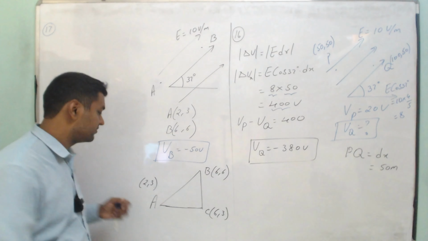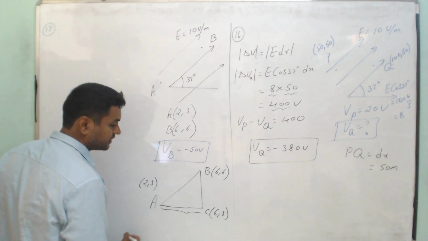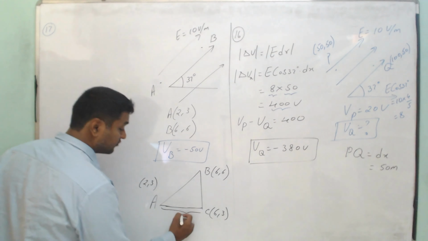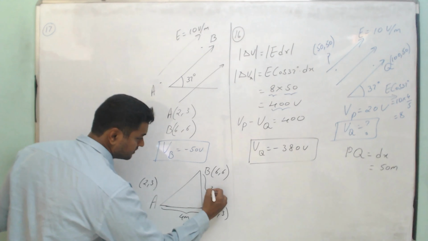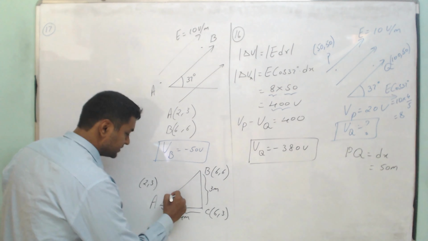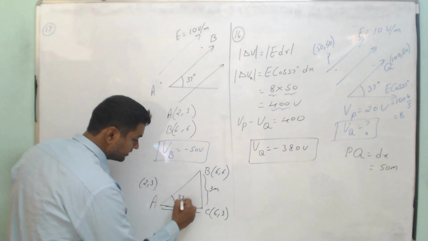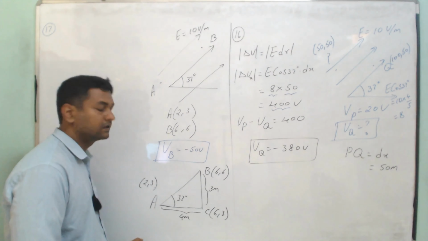Now if I look at the lengths of these, I have this length as 4 meters and this length as 3 meters, and this angle is 37 degrees.